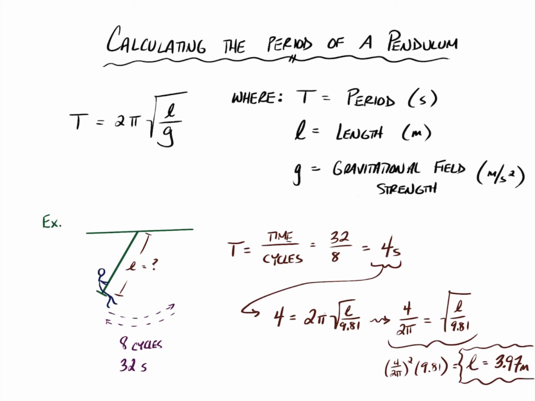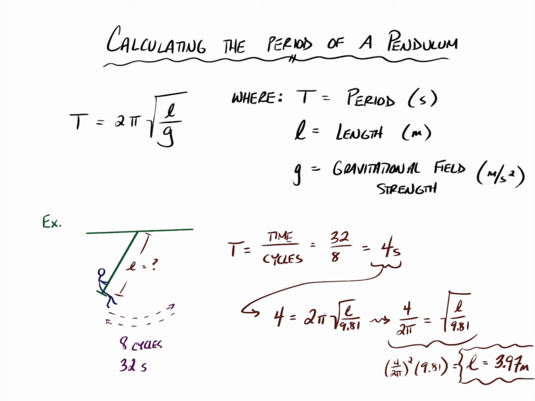I then square both sides to get rid of the square root and then multiply by 9.81. I'm kind of doing everything in one step, but I square both sides. That gets rid of the square root. So I get 4 over 2 pi, squared, equals L over 9.81. Then I multiply both sides by 9.81 to solve for L. If you do all of that correctly, you should find that the length needs to be just about 4 meters long, a little bit under.